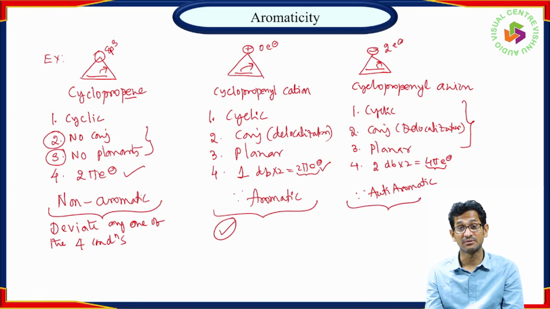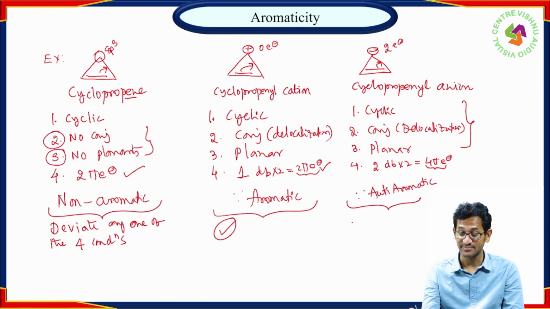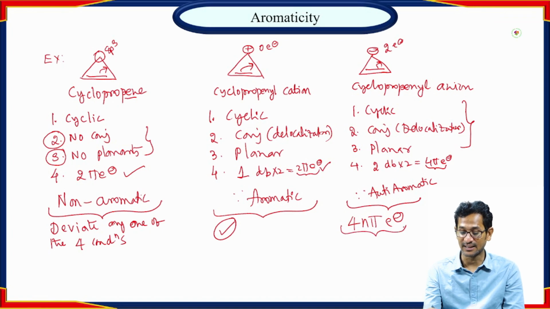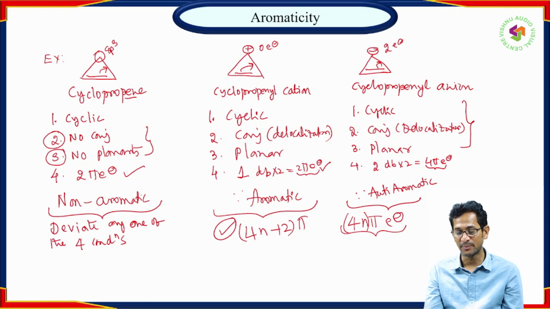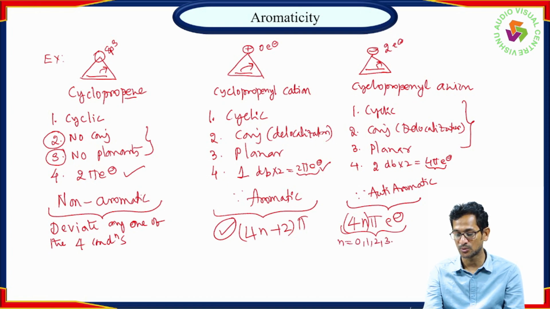Anti-aromatic compounds satisfy the first three conditions and have 4n pi electrons, whereas aromatic compounds have 4n plus 2 pi electrons. That is the difference between aromatic and anti-aromatic compounds. Similarly, n is equal to 0, 1, 2, 3, etc.